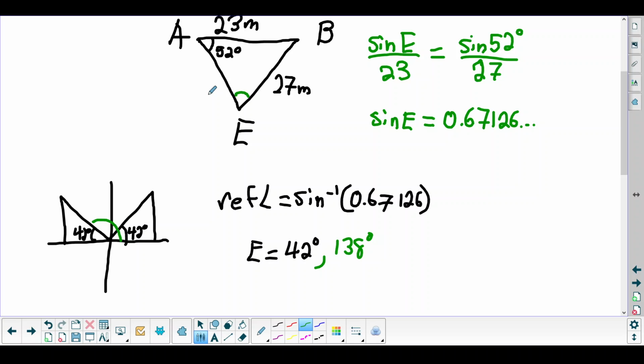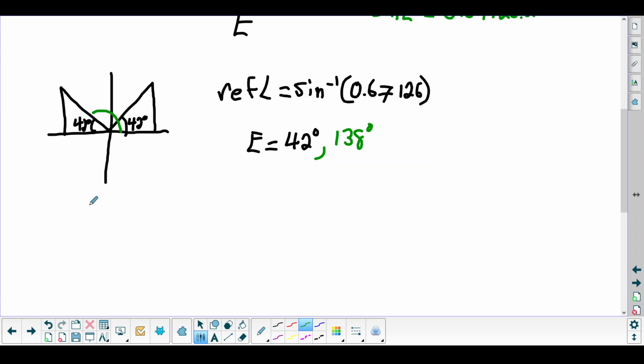Okay, well that's not possible. We can't have a negative interior angle in our triangle. So that means 138 isn't possible. So sometimes the ambiguous case of sine law will give us two answers, but one of them could be thrown out. So 42 degrees is the only angle from the ambiguous case that works.